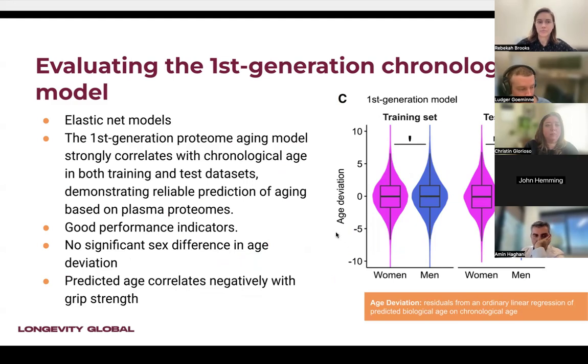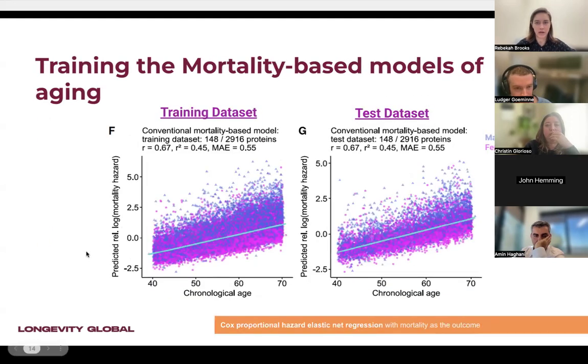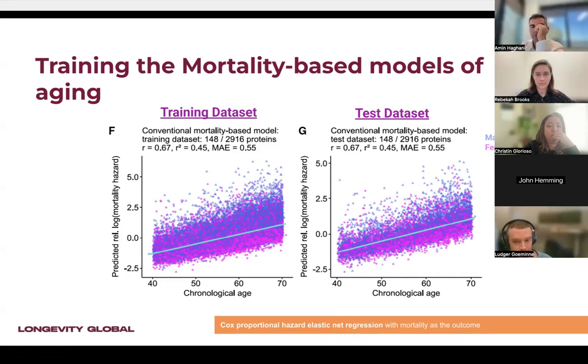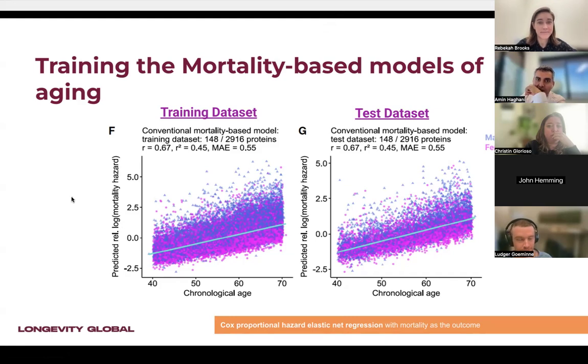From here, they moved on to a mortality-based model, where the chronological age was not used at all for the training of the model. There was a question from the audience: did you adjust for cigarette pack years?